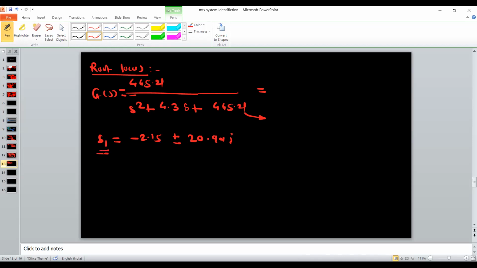Okay. So we get the two poles S1 and S2. Then zeros, this value is 0. There is no zero for this transfer function. So P is equal to 2, Z is equal to 0.